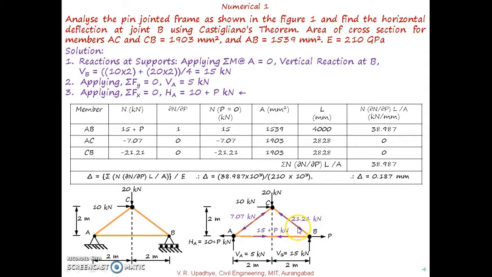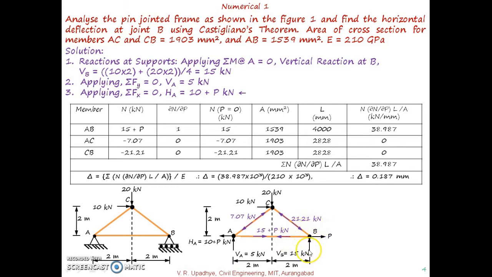So if we consider the horizontal component of that force, that will be FCB multiplied with cos of 45, and that must be equal to 15 plus P, and that P force is there in horizontal direction at joint B. So this P force, applied external force, and internal member force in member AB, it gets cancelled. So only 15 is remaining. So 15 divided by cos of 45 gives us the member force in member CB, and that gives us the total force as 21.21 kilonewton.